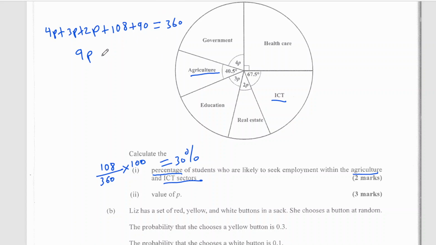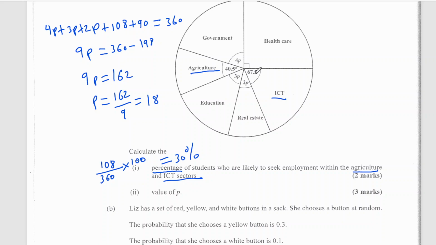We carry that across: 360 take away 198 is 162. Then to find P, we divide by 9. So we get P is equal to 18.